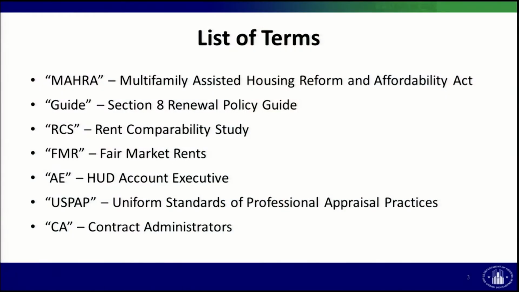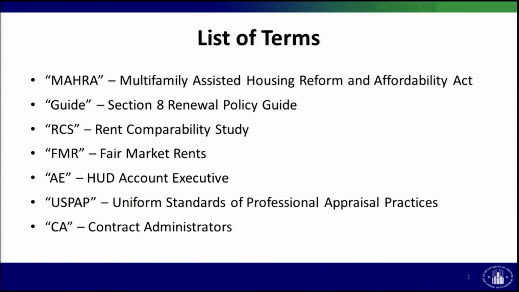I'd like to take just a minute to remind you of a few terms we will see throughout this training. MARA stands for the Multifamily Assisted Housing Reform and Affordability Act. Guide refers to the Section 8 Renewal Policy Guide. RCS is the Rent Comparability Study.